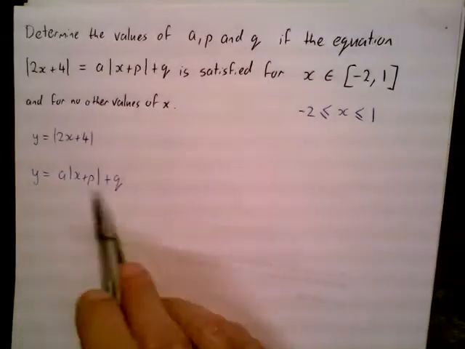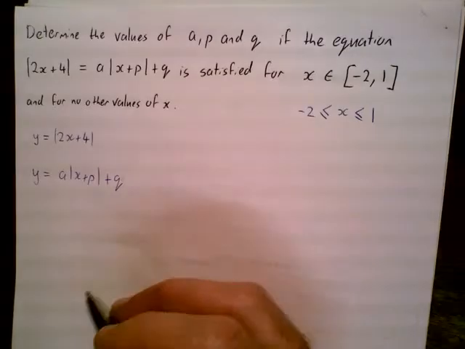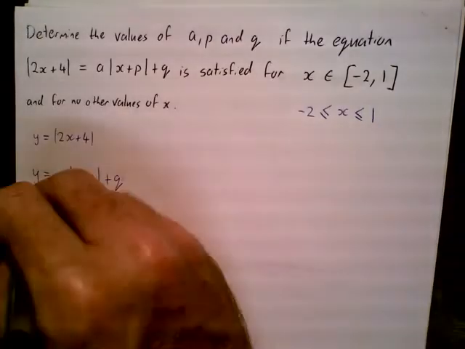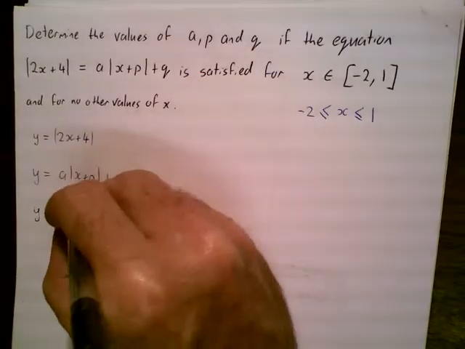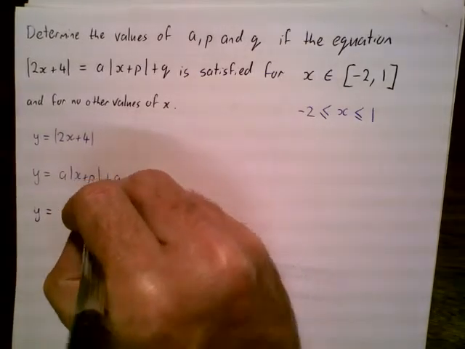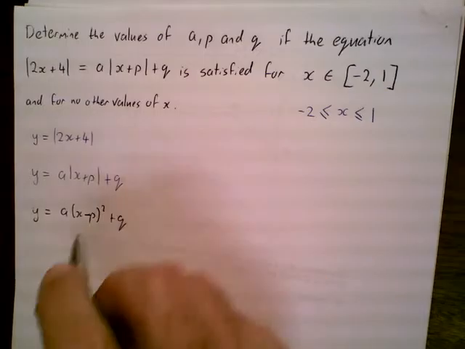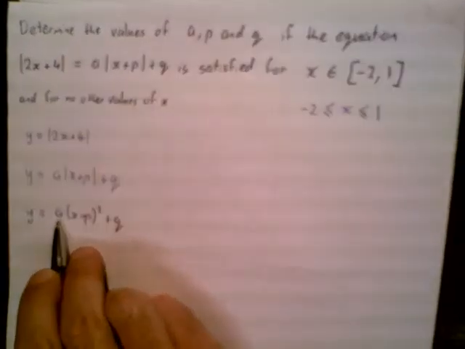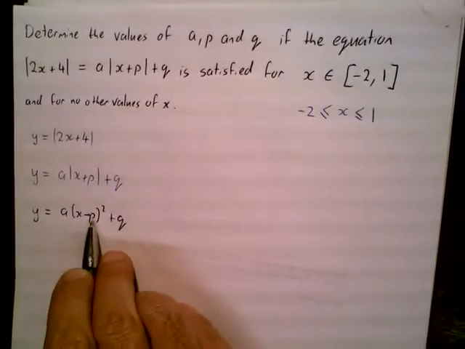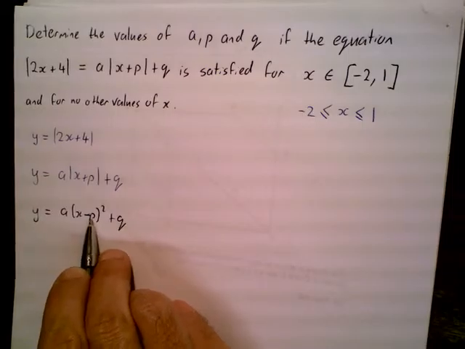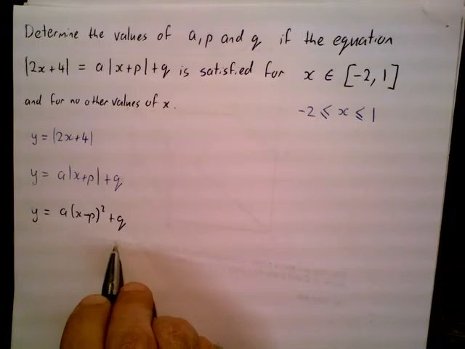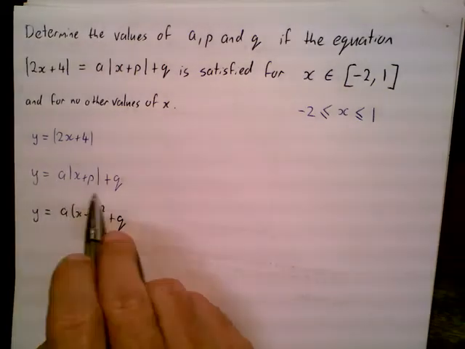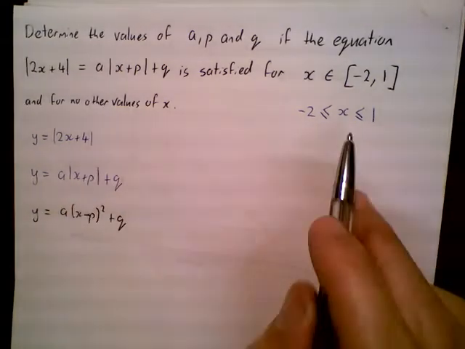Now what you'll notice about this function is it looks somewhat like the old quadratic transformations function y = a(x - p)² + q. You've got your dilation in the y direction, scale factor a, horizontal translation of p units, and translating up by q units. So we can use transformations perhaps to get our solution.